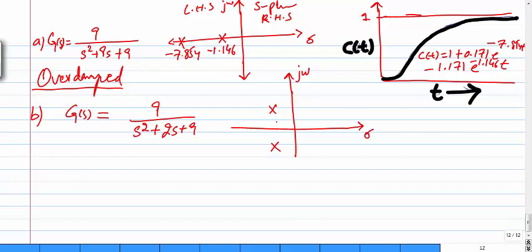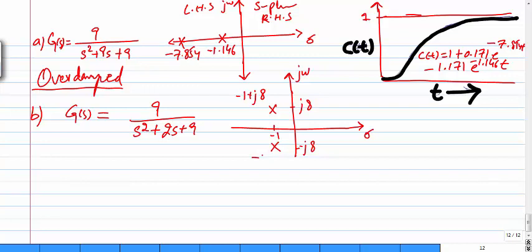Now here the roots are complex values. For example, this is your minus j8 and this is your j8, and this is your minus 1. So the value here is minus 1 plus j8.